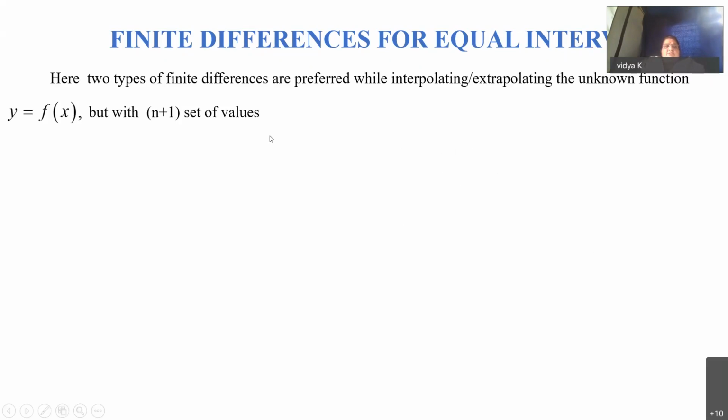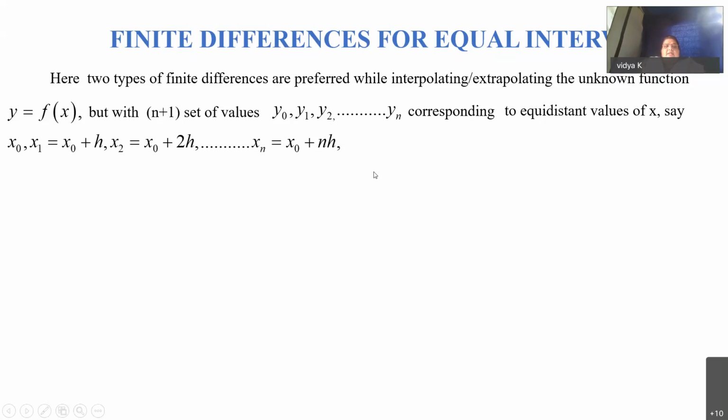Say the unknown function is y equal to f of x. It is not known to you, but they will give n plus 1 values y0, y1, y2, etc., yn corresponding to equidistant values of x. Say x0, x1 is x0 plus h, x2 is got by adding 2h to x0.